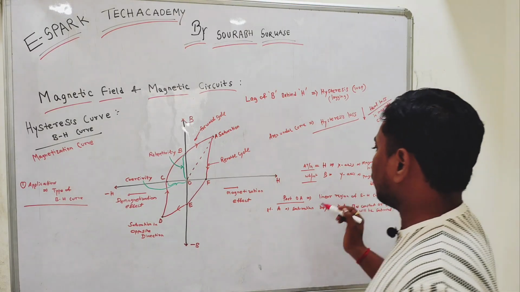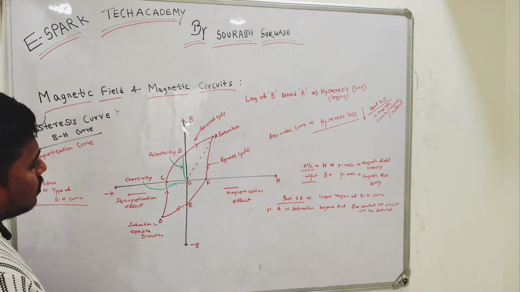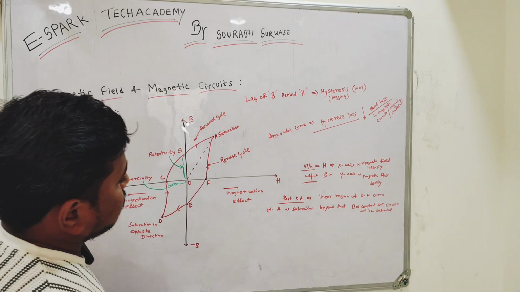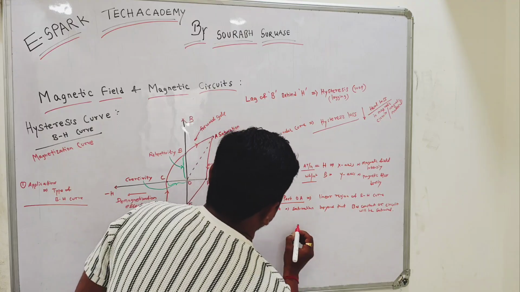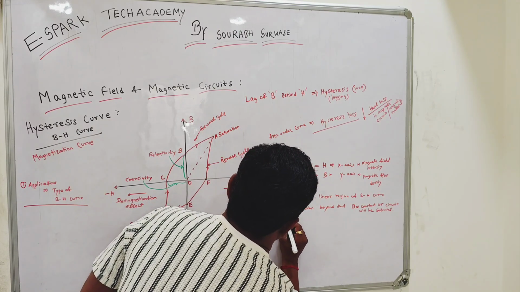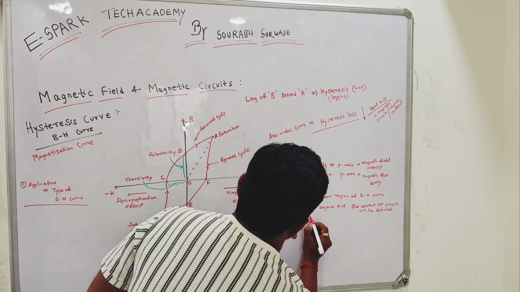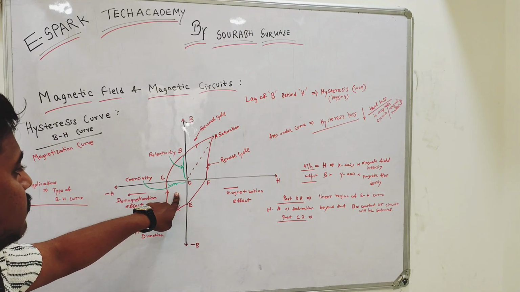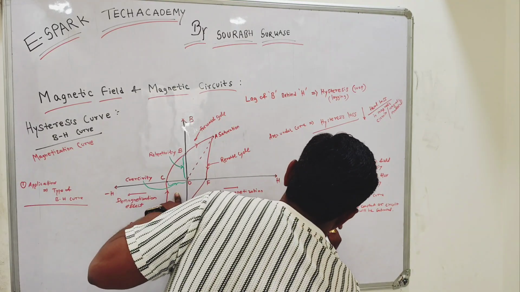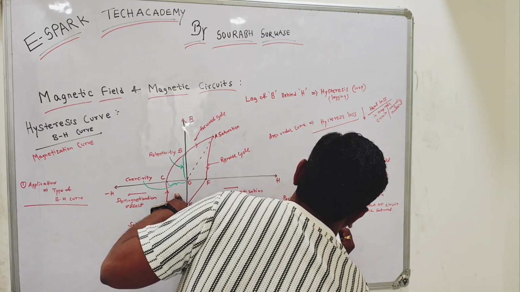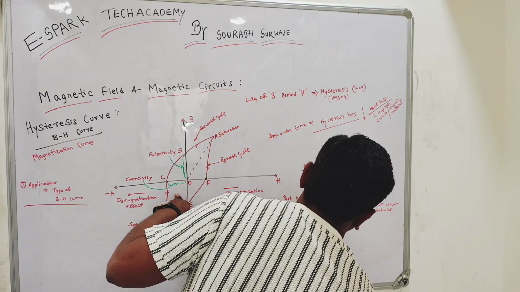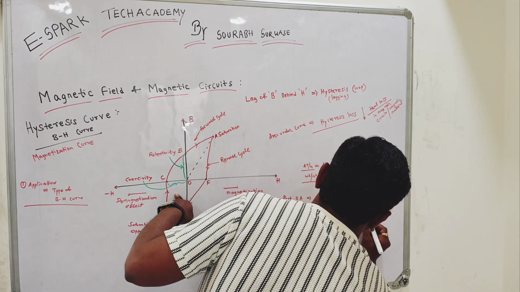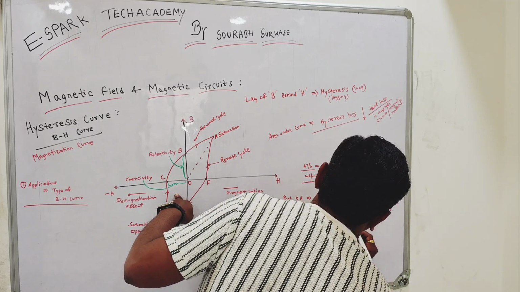Now, we have just gone through part OA. Now you will be dealing with the part CB. In this case, from minus H to H equal to 0, B will increase and then B is equal to 0.